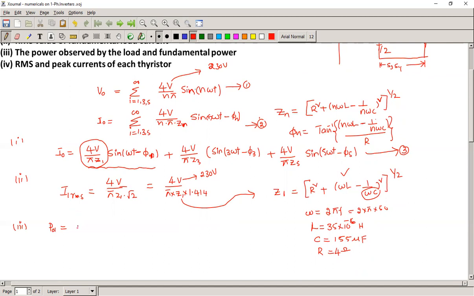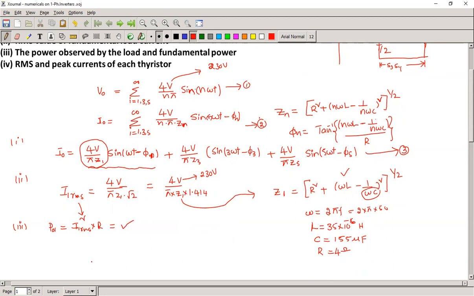So here, load power equals I1 RMS square into R. In the previous step, in the second one, we already calculated the value of I1 RMS. Now we have to substitute this value in this expression. R value is given as 4 ohms. So we can find out the power absorbed by the load.